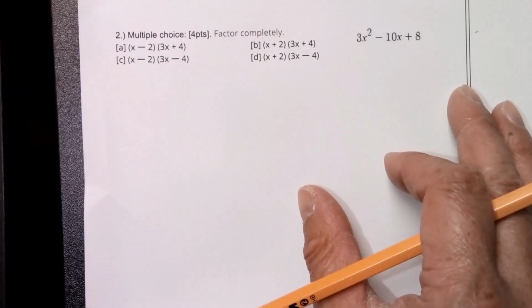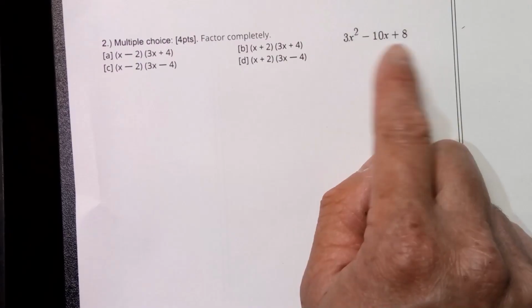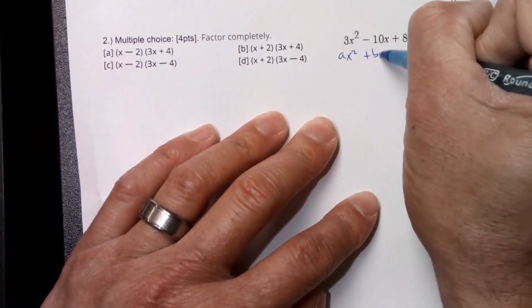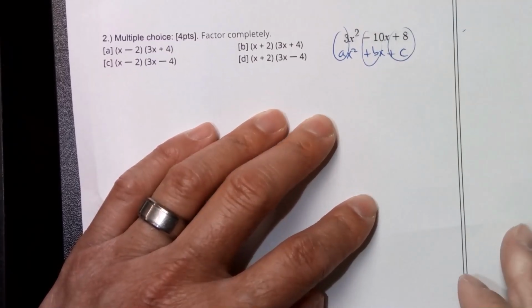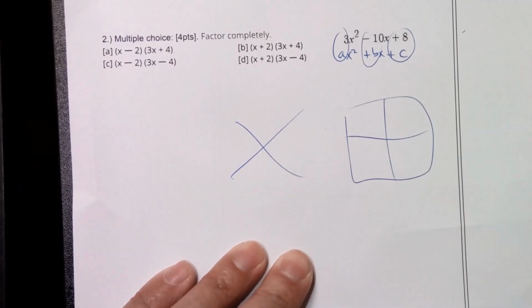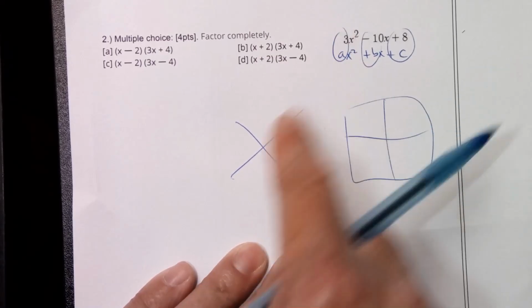Question number 2, we're going to factor. They're already on one side of the equation. Here's standard form. A is 3, B is negative 10, C is 8. Remember, the trick is you need only the x if A is 1, but this is bigger than 1, so I'm going to have to do both x in the box.